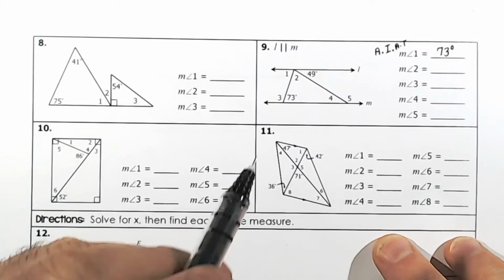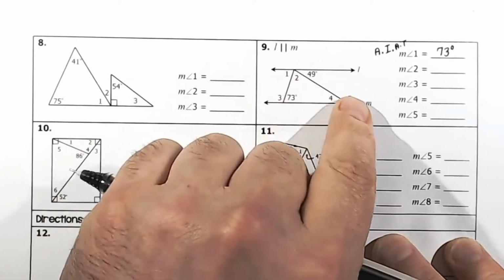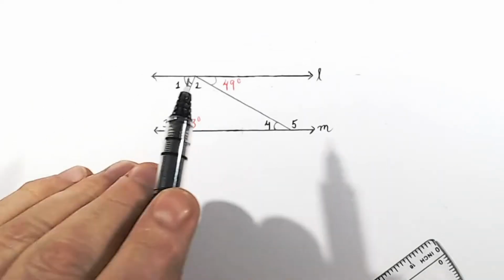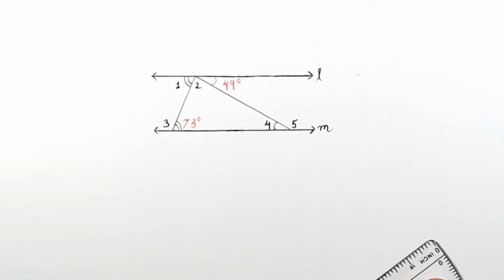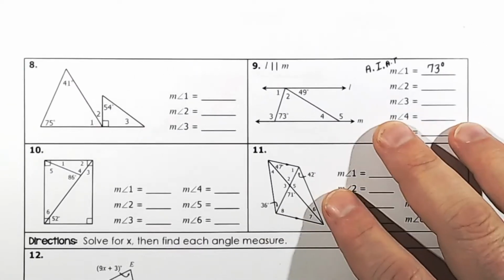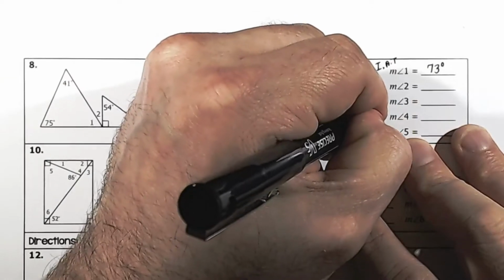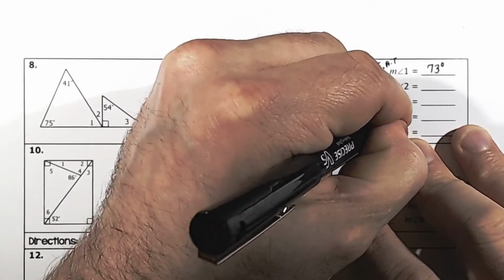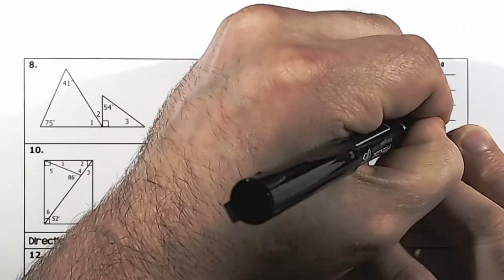Further, we have this backward Z shape. If this is 49 degrees, then angle 4 by the alternate interior angles theorem must also be 49 degrees.